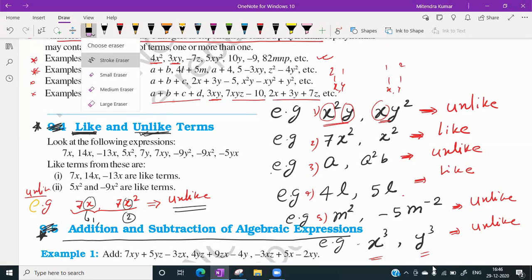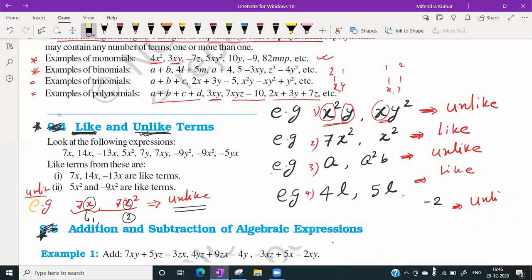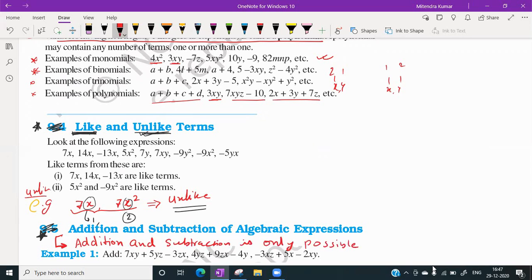So I'm erasing these examples. Again, right below this heading, write down: addition and subtraction is only possible between like terms.